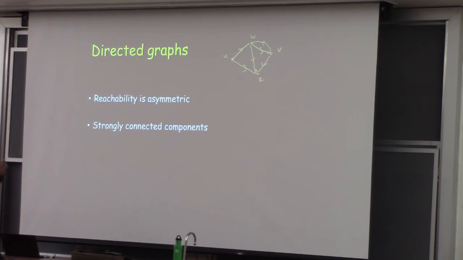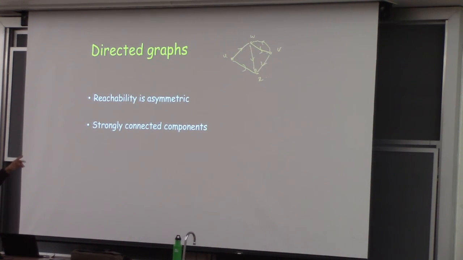A directed graph could have edges UV and VU because they mean different things. Note that reachability is now an asymmetric thing. For instance, in this case, you can reach V from U but not U from V. So reachability is asymmetric, and the question is how you define connected components in directed graphs.